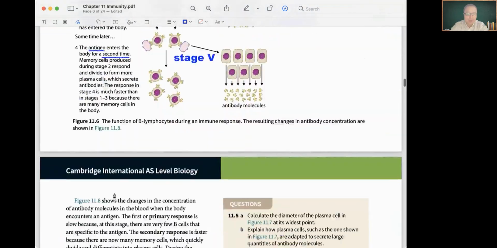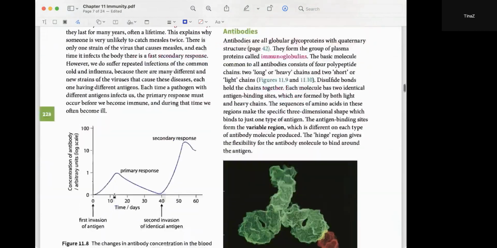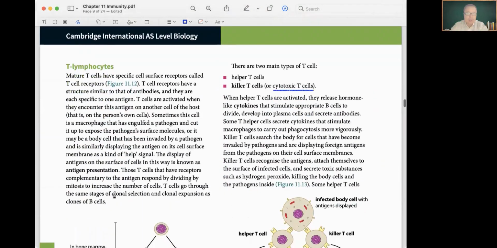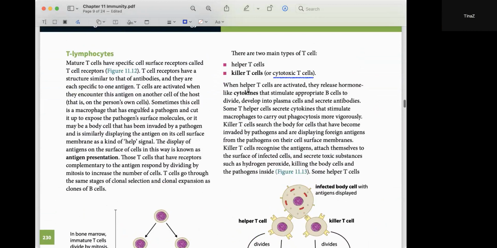T4 has another name: helper T cells. It's called the T4 cell. And the killer T cells or cytotoxic T cells, 细胞毒的 T cells, are called T8.